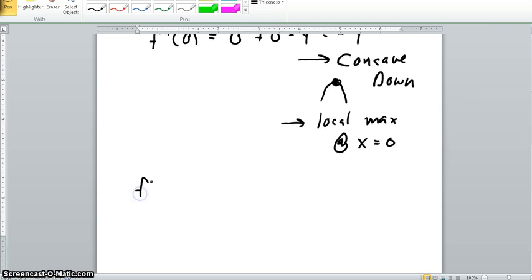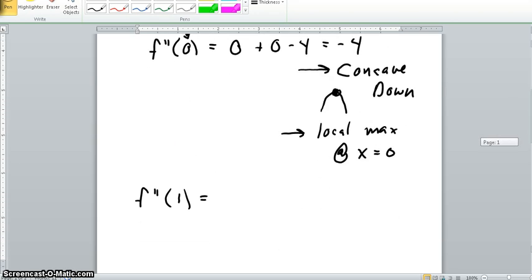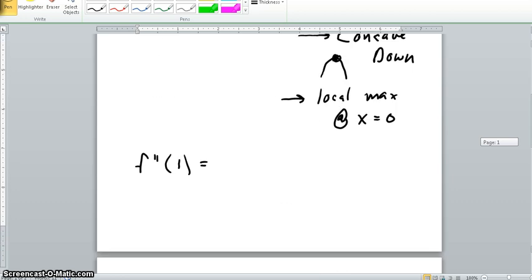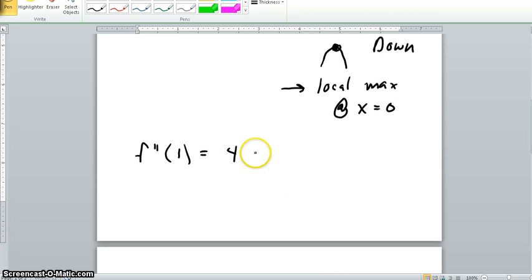Then if we plug the x value 1 into our second derivative, it's just going to be 4 plus 9 minus 4, which is 9. This being a positive number means that my graph is concave up.